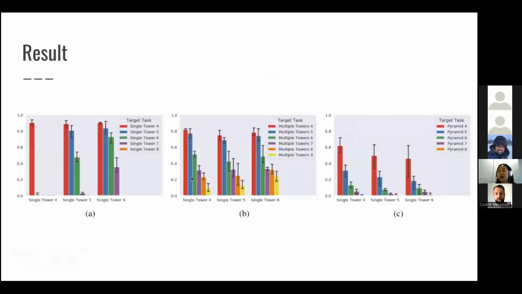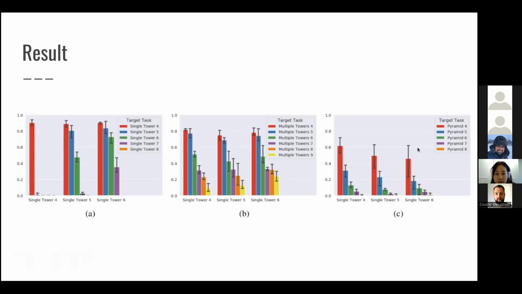And after the training, they also evaluate this trained policy on other target tasks. Target task 1 means that they will try to stack in one single tower, target task 2 is trying to build multiple towers, and the third is trying to build a pyramid.